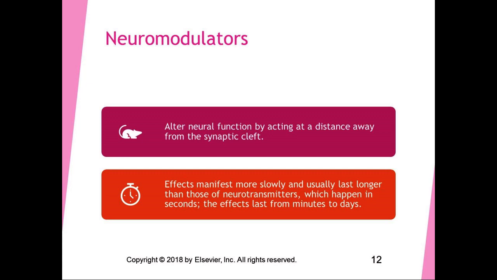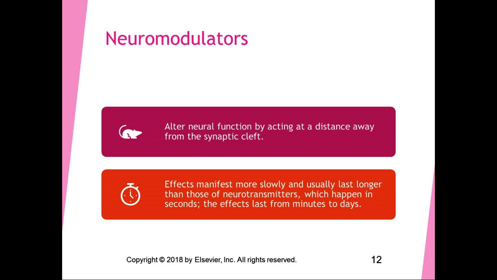They manifest their effects more slowly, and they last a little bit longer than those of neurotransmitters. So neurotransmitters, their effect happens in seconds, while for neuromodulators the effect lasts from minutes to days, so a much longer lasting effect.